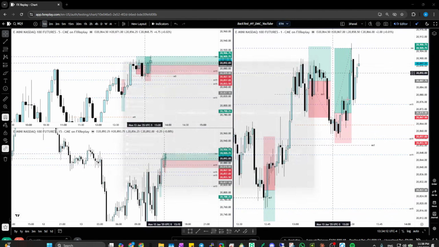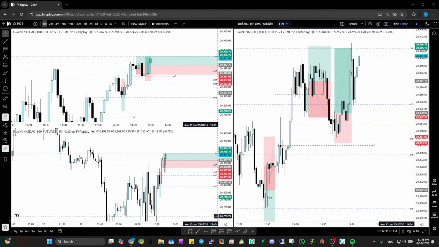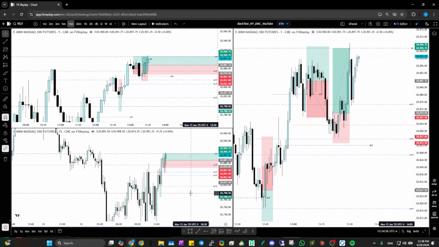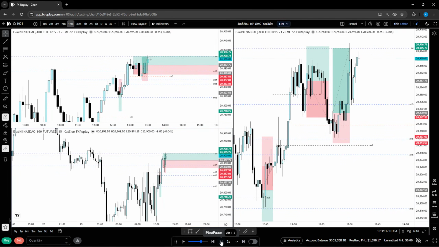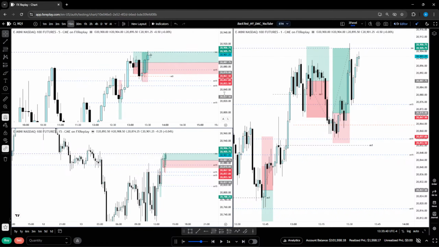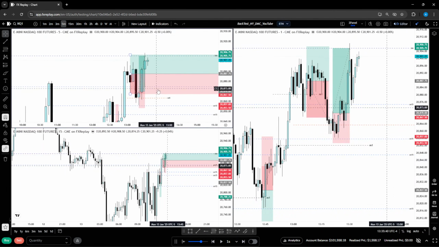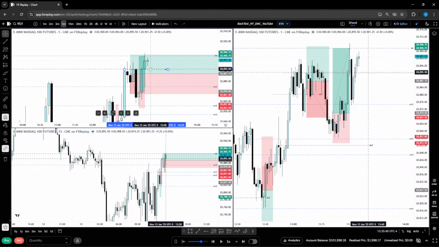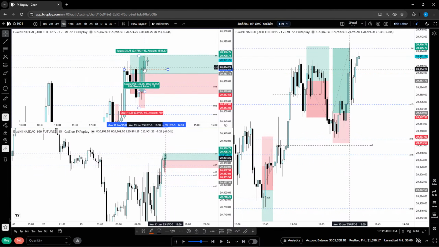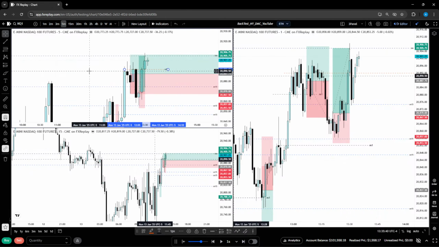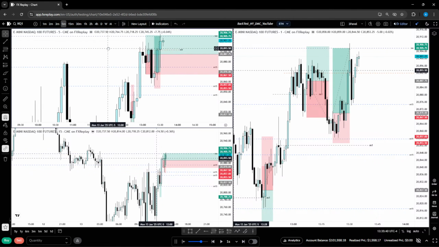Or maybe just test at that level and be done. So we basically close now above the previous high.